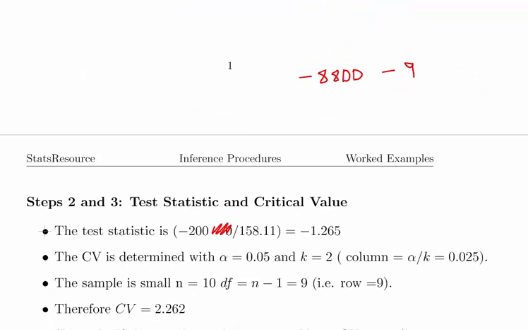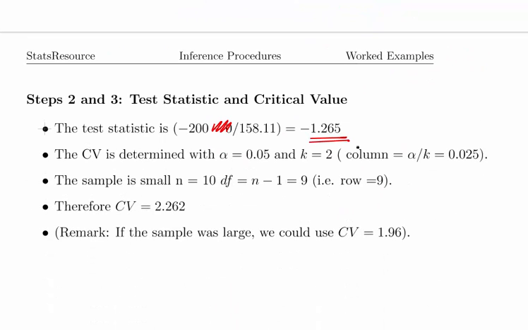The test statistic works out to be minus 1.265. Now the critical value is determined with alpha equals 5% and k equals 2. K is the number of tails in the test. Alpha is the usual significance level.